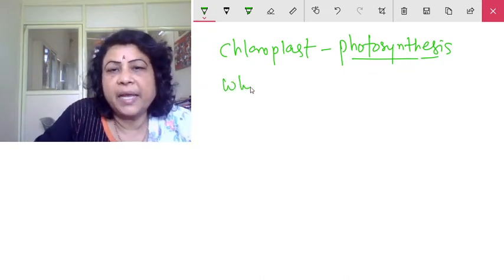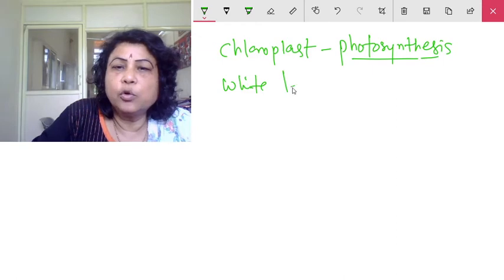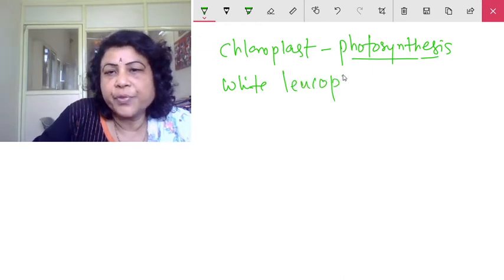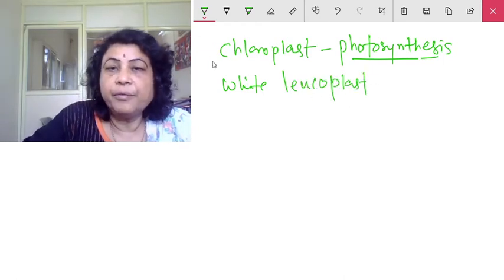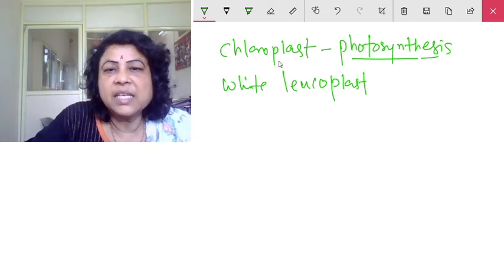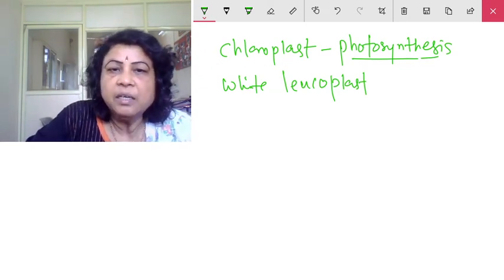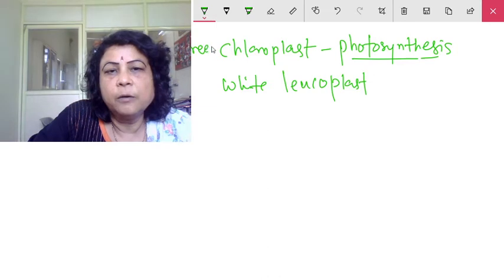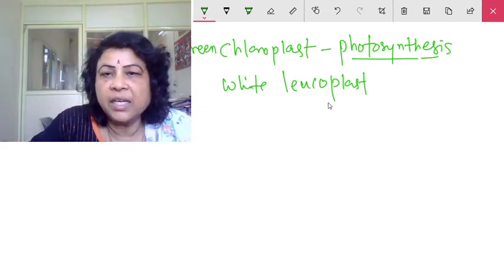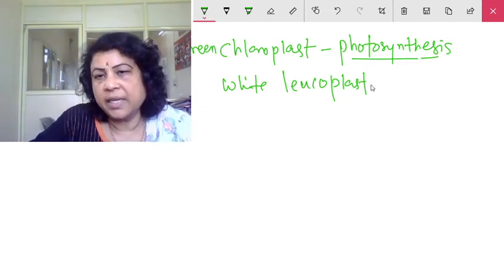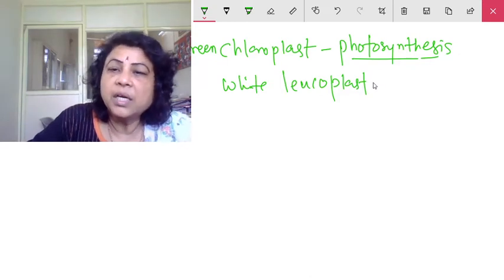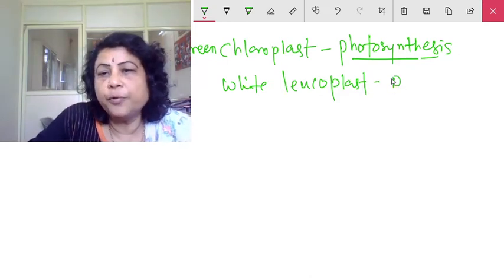And the white patch has the leucoplast. Leucoplast means the white plastids. The colored plastids are the green chloroplasts, and the white ones are the leucoplasts, that means plastids without color. They do not photosynthesize.